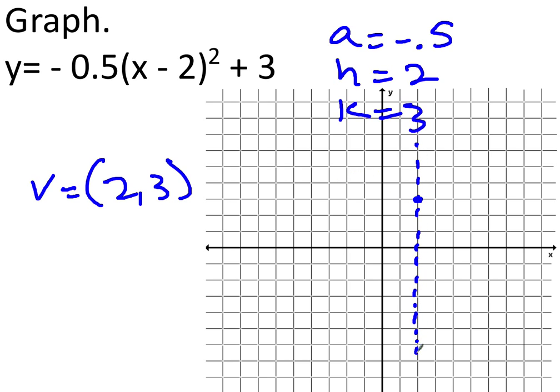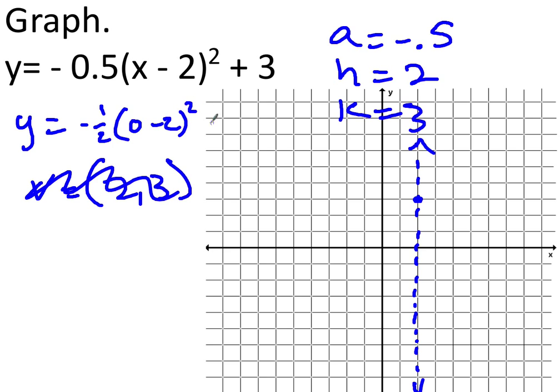I'm not going to use the line tool this time. And then let's pick a point on either side. So when x is 0, what is y? When x is 0, I'm going to write it as negative 1/2 instead of 0.5, times (0 minus 2) squared plus 3. So y is equal to negative 1/2 times negative 2 squared plus 3.